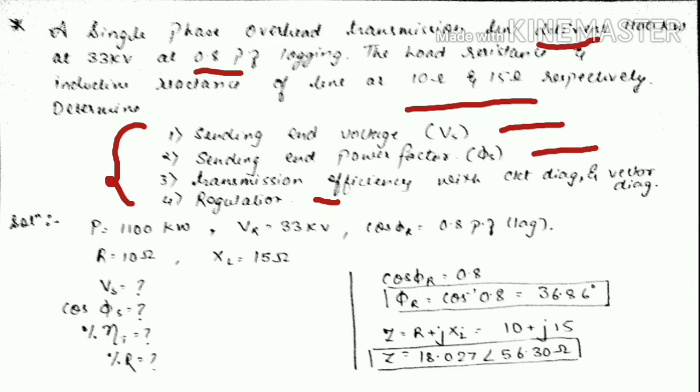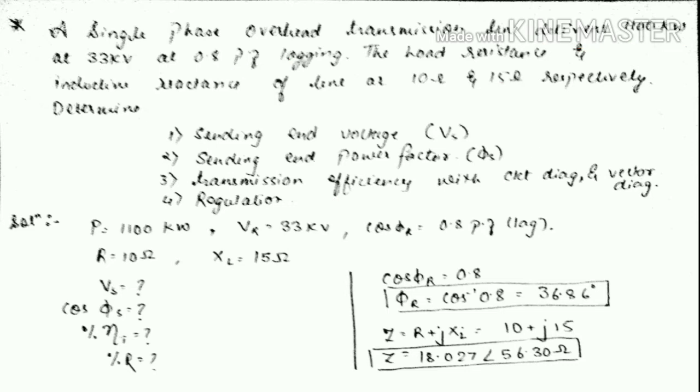So you can see here the given is power, voltage, power factor and resistance and inductive reactance. So we will write here the value which is given in the question, and always remember what is leading and what is lagging. In the question it is given as 0.8 power factor lagging.